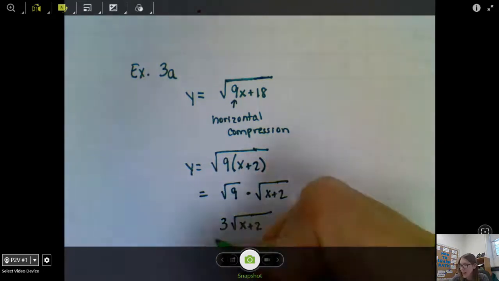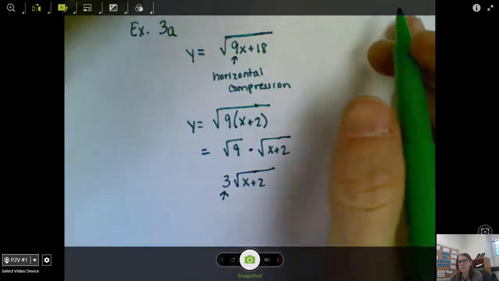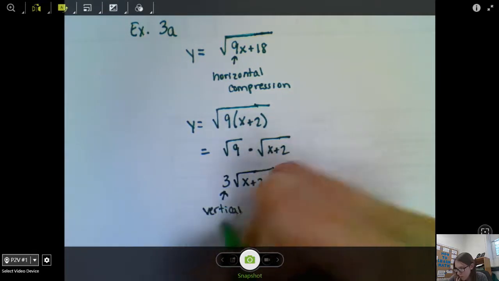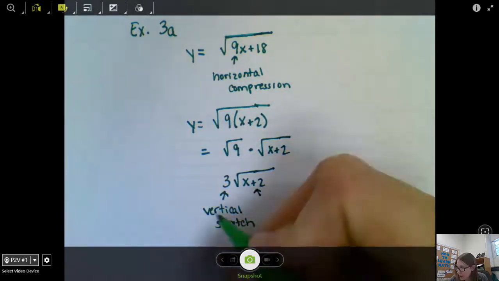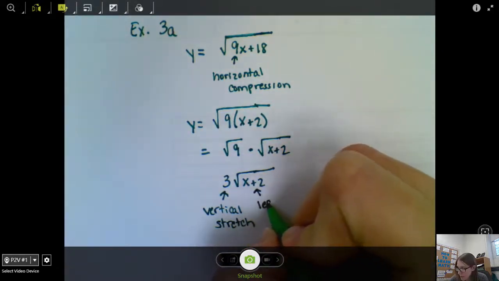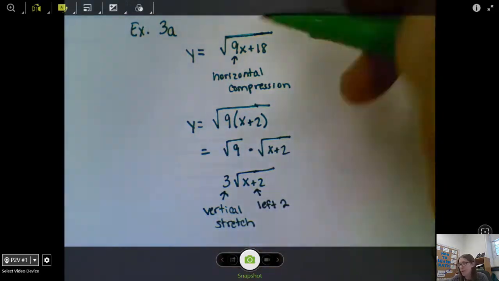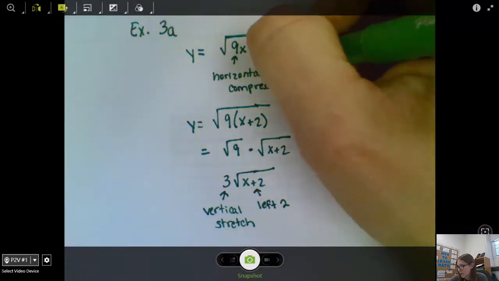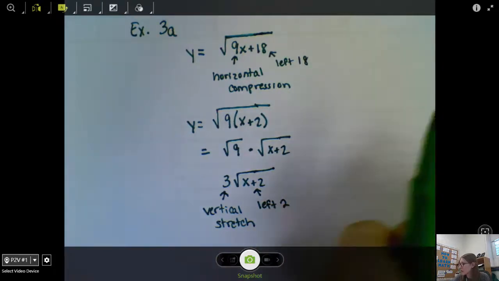We can think of this as instead a vertical stretch, and then this plus 2 underneath moves left 2. That's going to be a lot easier for us to graph than this horizontal compression and left 18.